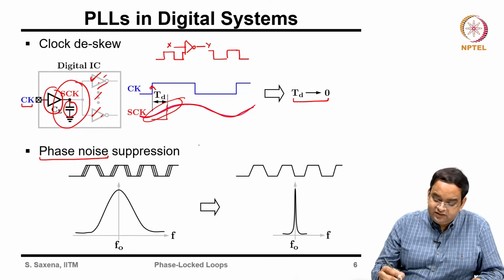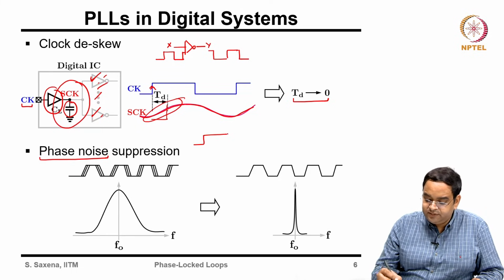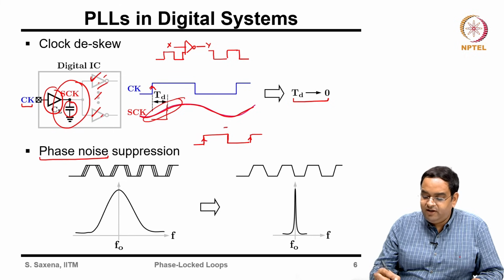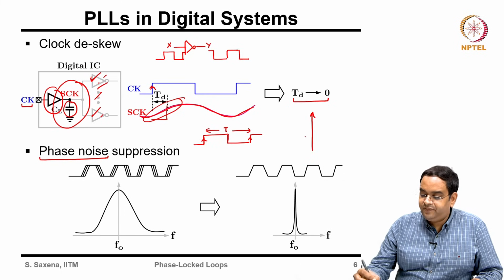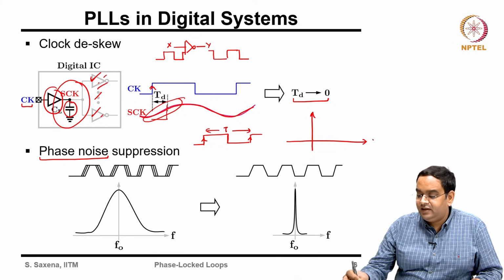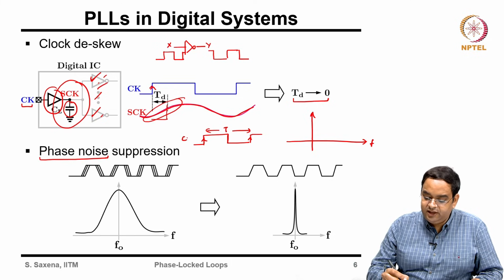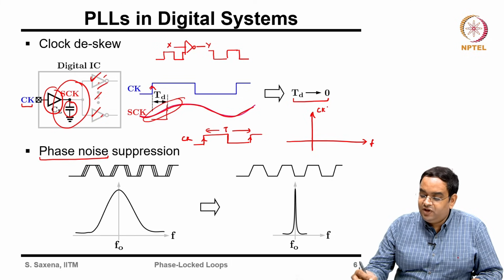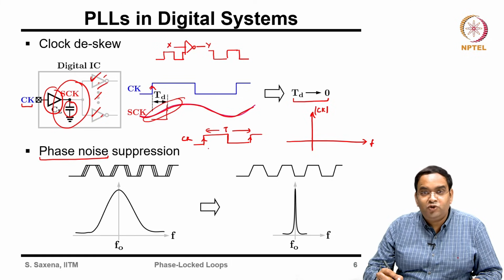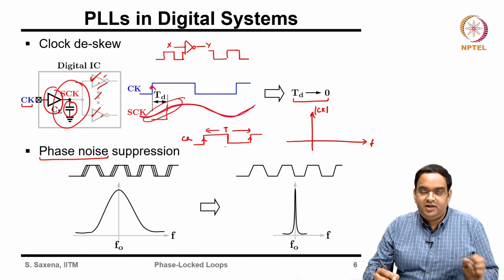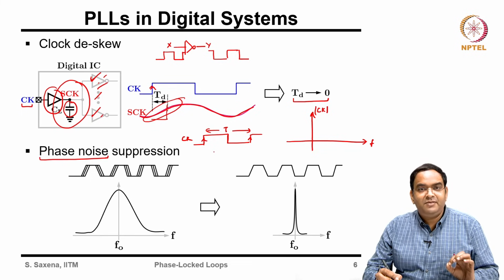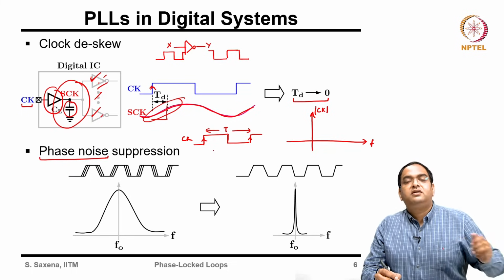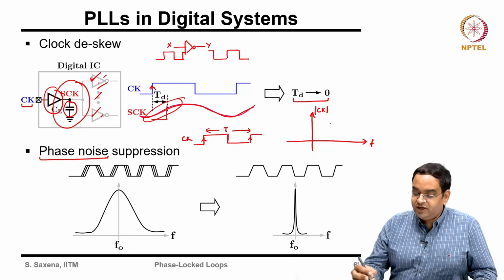When I say a clock is clean, you have a simple square wave with time period T. If you look at the frequency spectrum of this clock signal, you know that this is a periodic signal. If it is an ideal periodic signal with time period T, you can find the frequency content using the Fourier series.